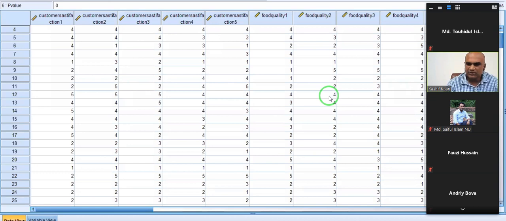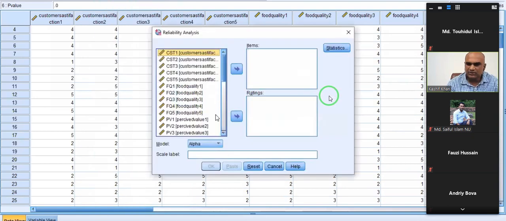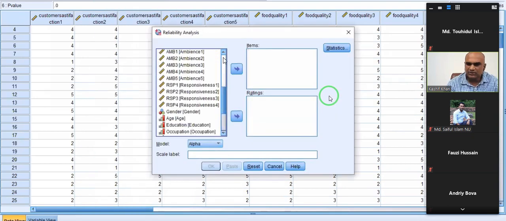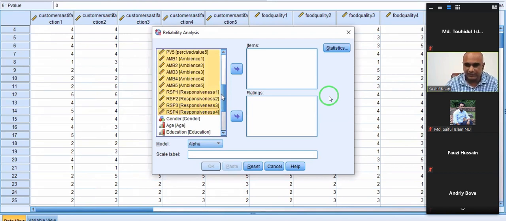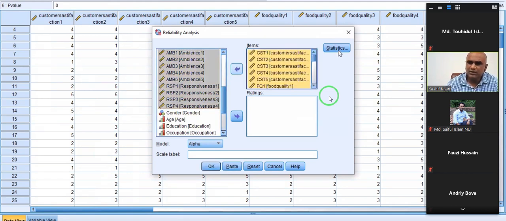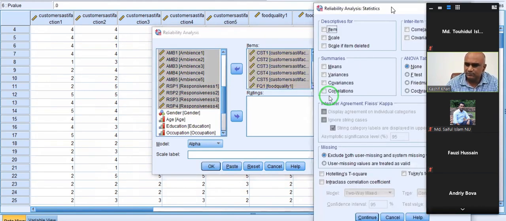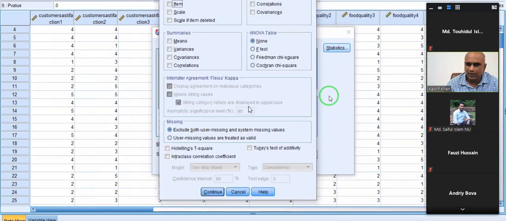Notice I went to analyze, scale, and then reliability. And notice I'm not taking the mean value, because remember, the reliability we need to check is of the data, in reference to the scale. So let's select only these items and put them here. Statistics, then item, scale, and scale if deleted.